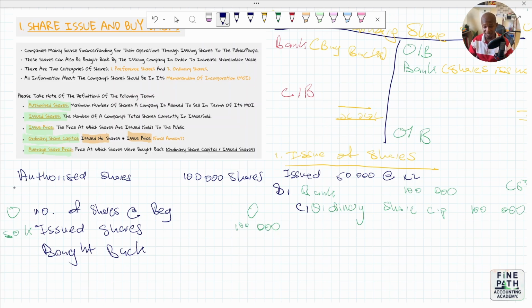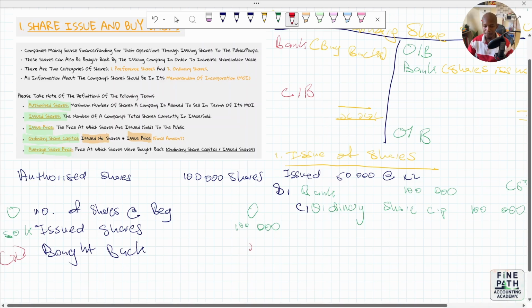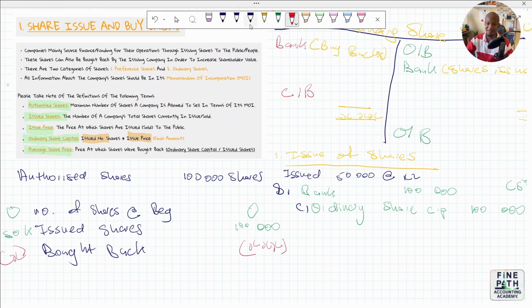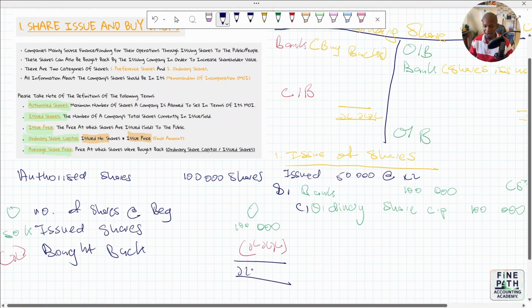So issuing shares increases the account, as we saw there in our T account, and buying them back decreases the account. So here we would have the number of shares that we've bought back, and here we would have the value of equity that we have given up. And then at the end, we would have the total balance of equity.